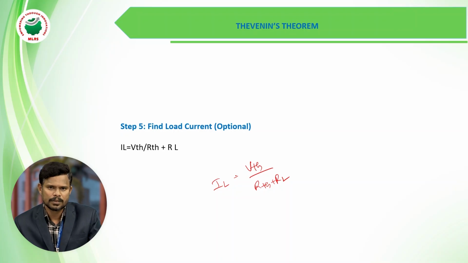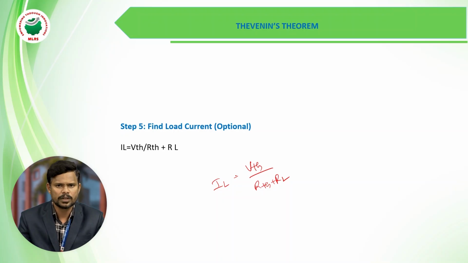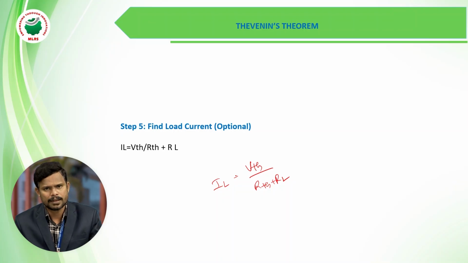If a voltage source is present in the circuit, that voltage source is replaced with a short circuit. If any current source is present, that current source is replaced with an open circuit. Why? Because the current source internal resistance is equal to infinity, and for voltage sources the internal resistance is equal to 0.